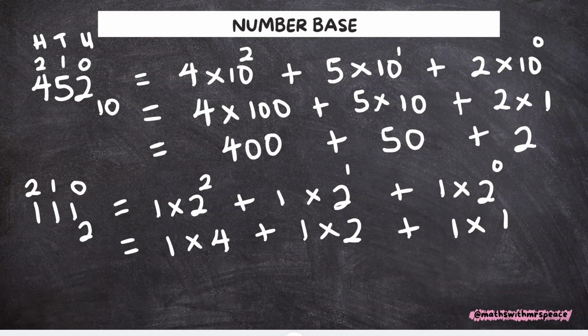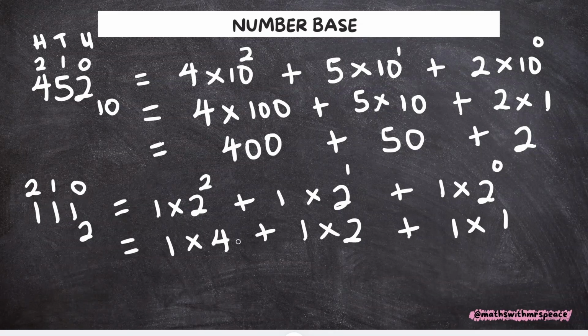So focusing on how the number base determines the place value of a particular number, this again goes to show why we read numbers in different bases differently. So now we can read this number as 452, but this number right here, we can read it as 111 because the value of 1 here is not 100.